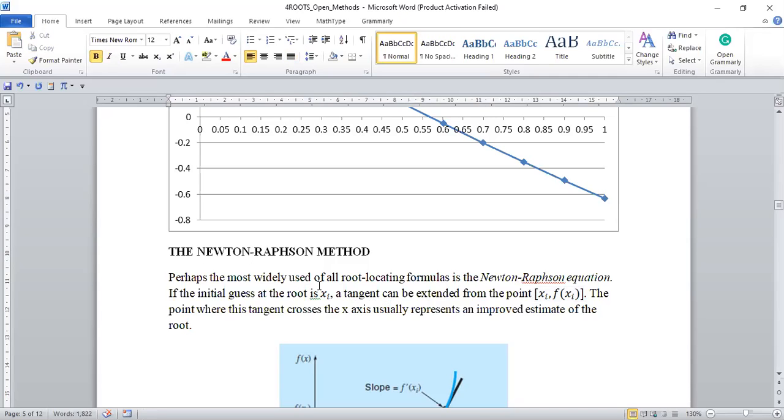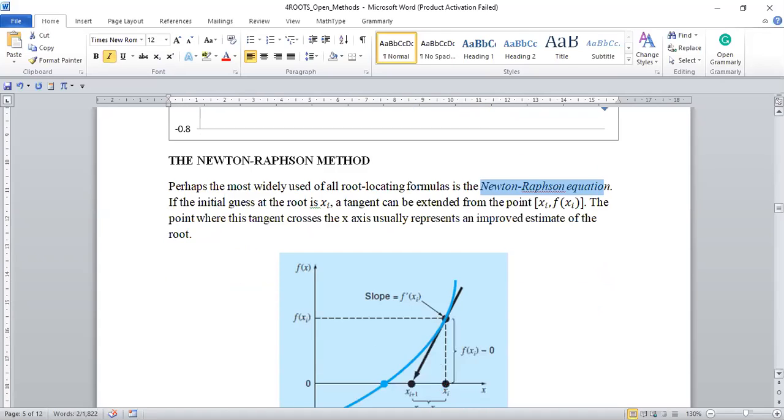And in the case where you are giving two guesses, the root is not necessarily in between those two values. So we are going to be looking at that later. So the Newton-Raphson method is the most popular method for finding the root, and it's popular because it's very fast.